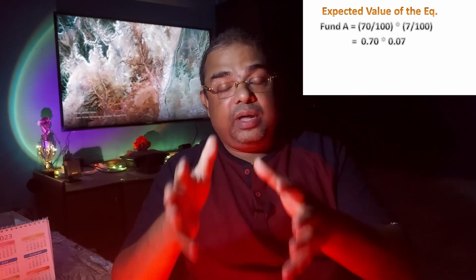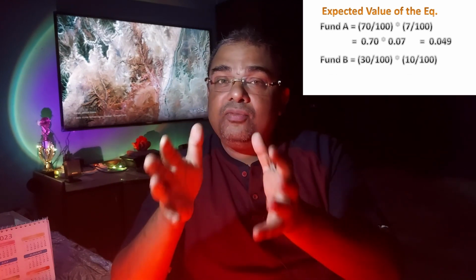That's how it helps here. When you put the majority of your funds into an asset which has the potential to jump up, it gives you more returns. The expected returns of your portfolio increases.